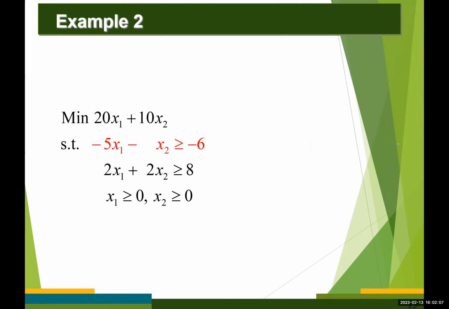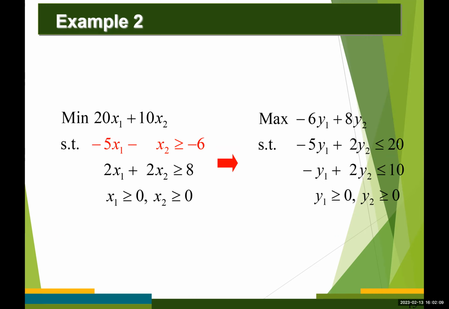Now the problem is in the form of the primal in the symmetric primal dual pair, which is a minimization problem with a greater than or equal sign, right? So now we can write the dual problem like this.